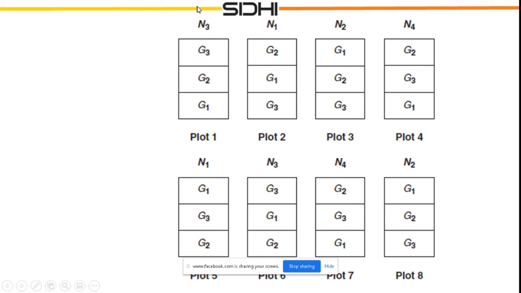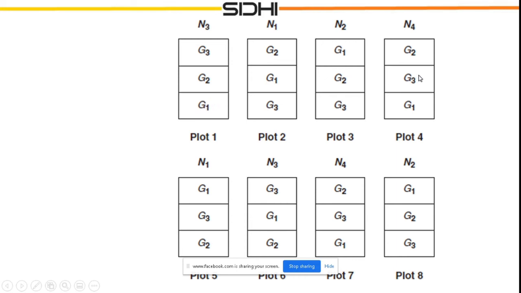So as you can see, in treatment 3, nitrogen level 3, you have all of your other second factors. In your treatment number 1, you all again have it. Because it's easier to control this second factor compared to the first factor, that's why you put it inside the first factor. Okay? And of course, this will be on different plots.